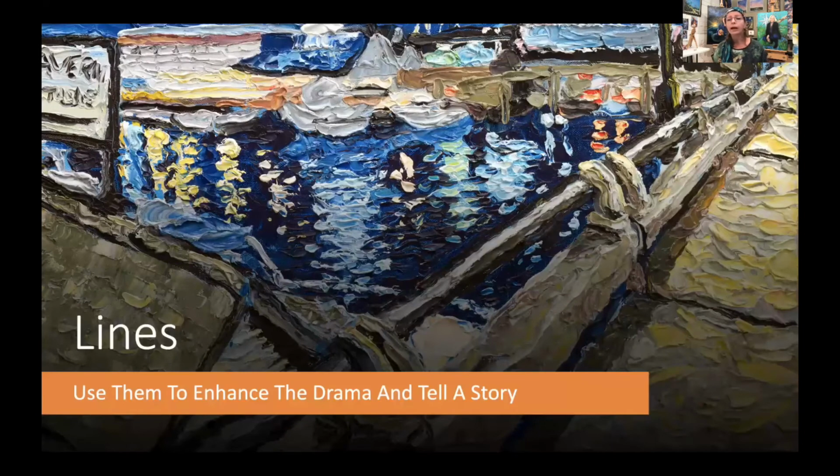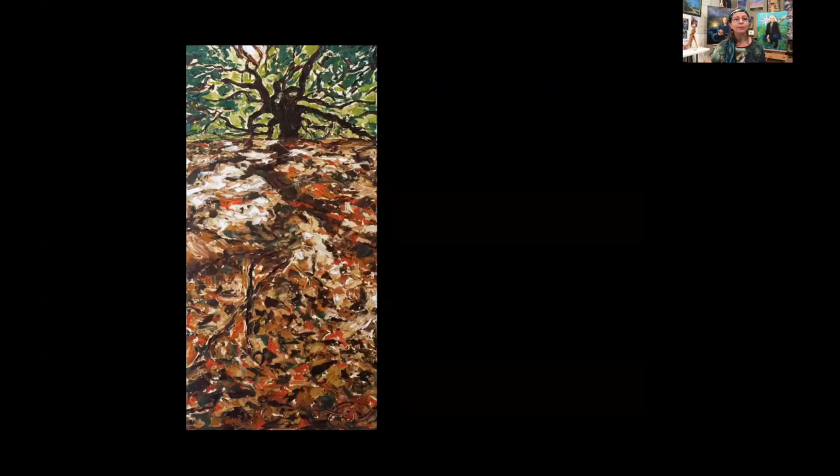Now let's talk about lines. Lines are a very effective way to enhance the drama and tell a story. When we're doing a painting, we're also telling a story. And sometimes we forget about that, but it is storytelling. So in this canvas here, we have a very exaggerated horizontal positioning.